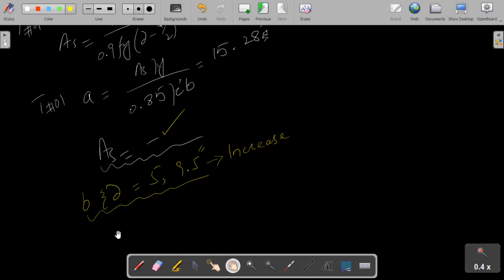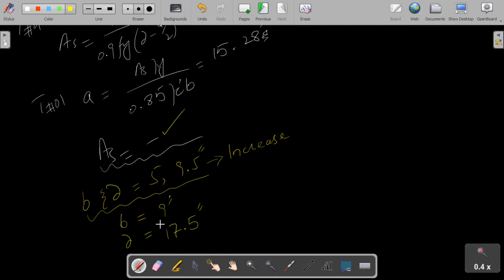So let's say my B value is 9 inch and my D value is 17.5 inch. Here I am using just my supposed values. We can also obtain the B and D values from the steel ratio if we use the maximum steel ratio.